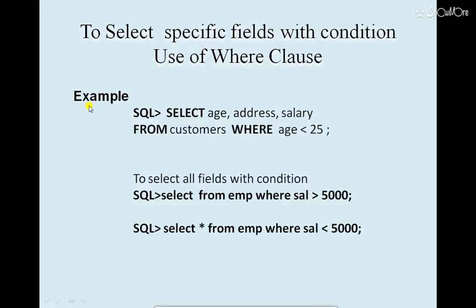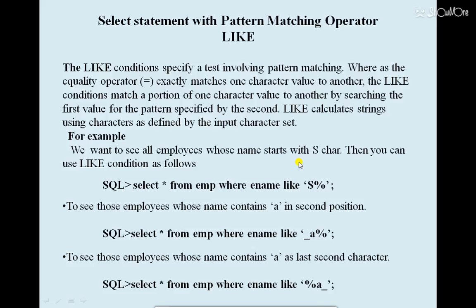As shown in this example, I want to display customers' records under the columns age, address and salary, only for those employees whose age is less than 25.